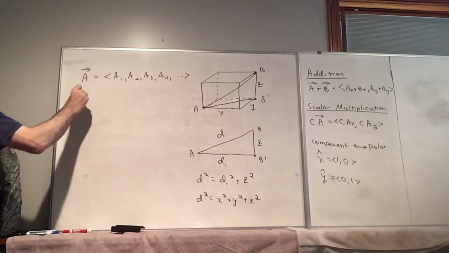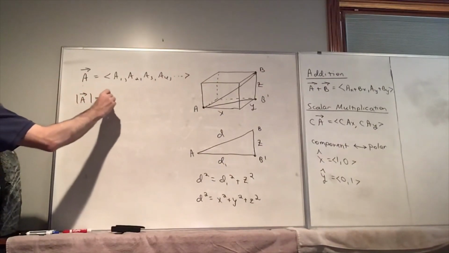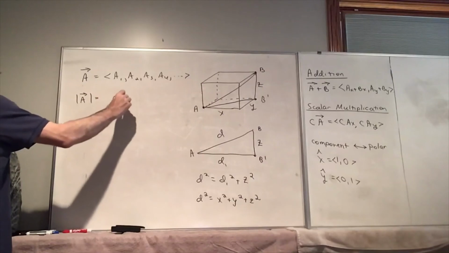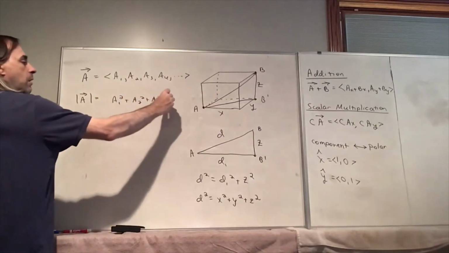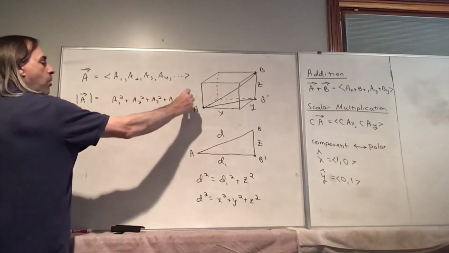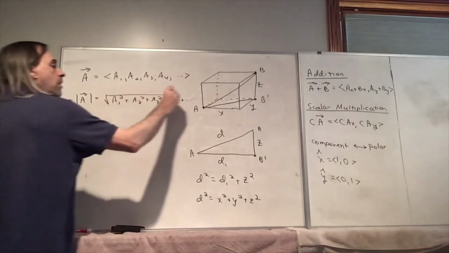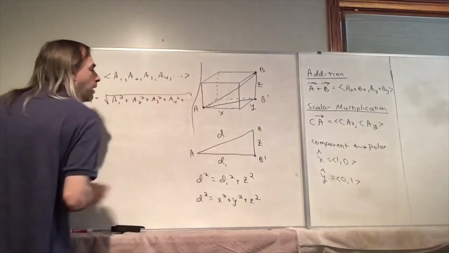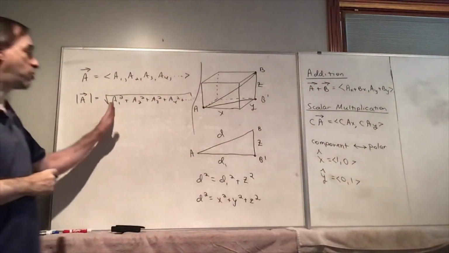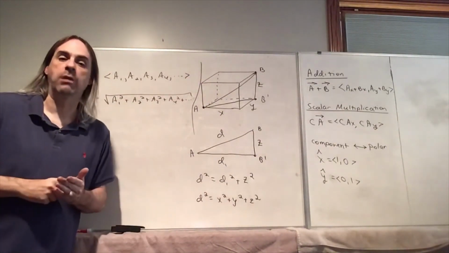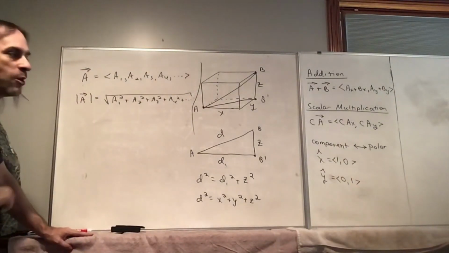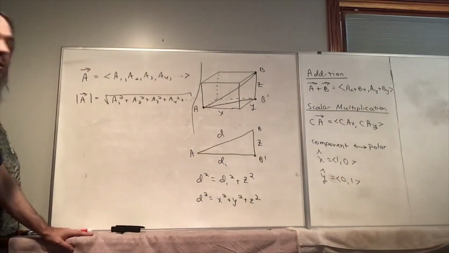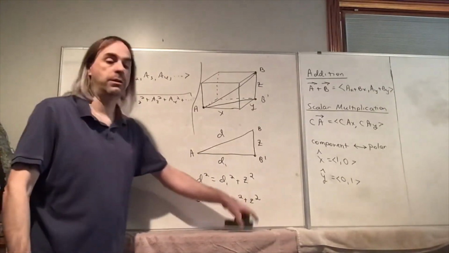The magnitude of A would be the square root of A1 squared plus A2 squared, and you just add up all the components, no matter how many they are. You square them, add them up, take the square root. And that's the magnitude of a vector in whatever number of dimensions that vector exists.